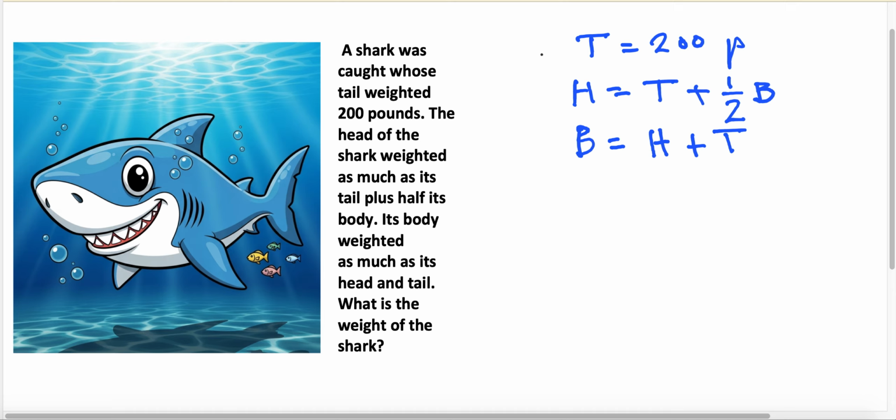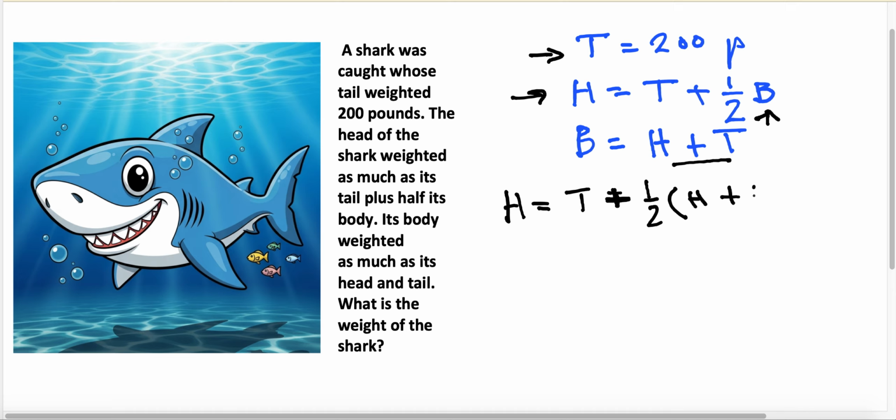We already know the information about the tail. Let's go with the head here. So the head is equal to the tail plus 1.5 of its body. Instead of the body here, let me substitute the head plus tail.